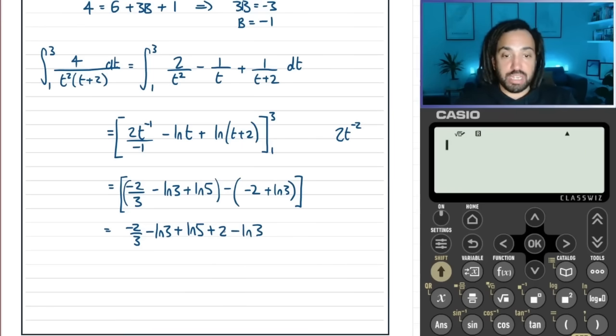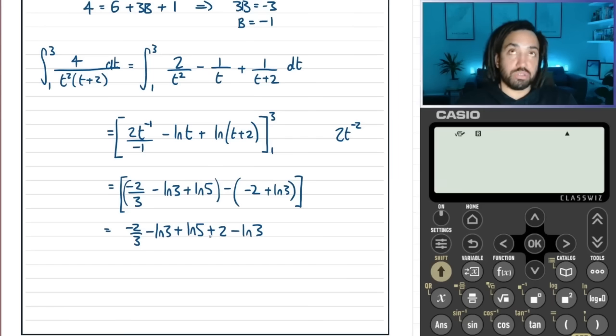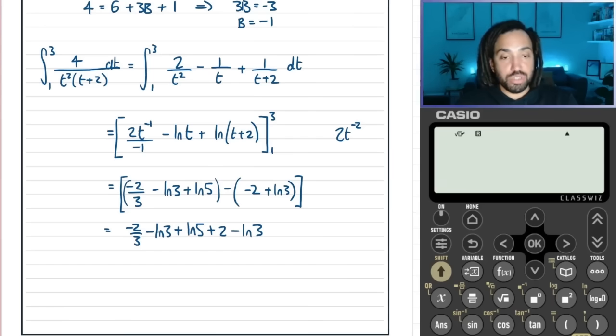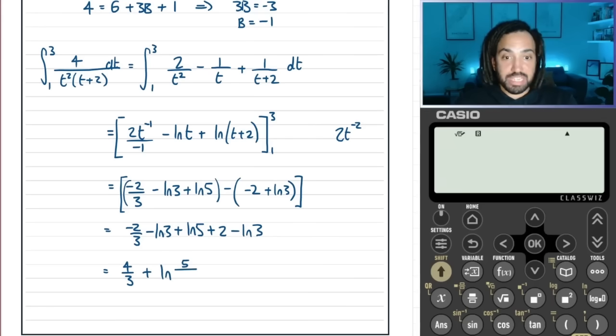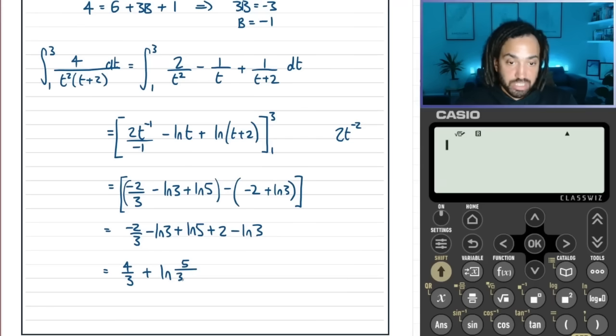Okay, so let's just collect together the non-ln terms. So 2 minus 2/3 is 4/3. And then in terms of the lns, we've got positive 5, so we can put that on top. And then we've got a negative 3 and another negative 3, so they can go on the bottom because of log laws.